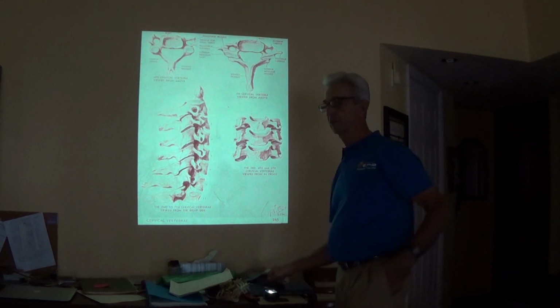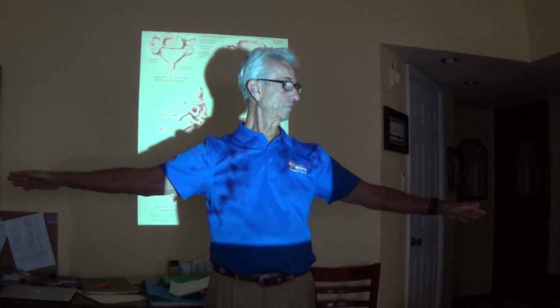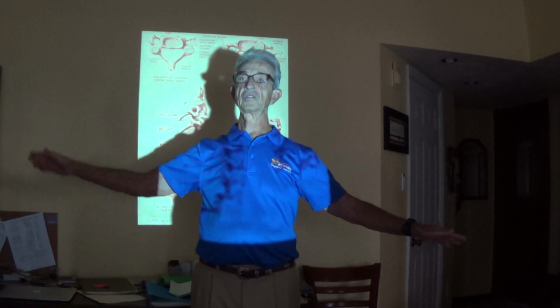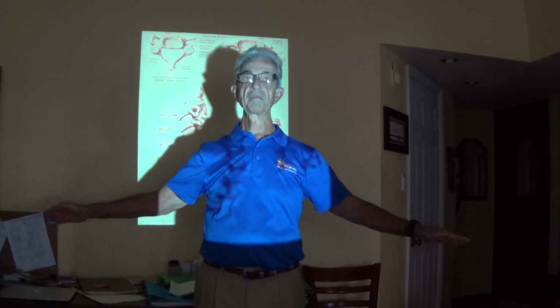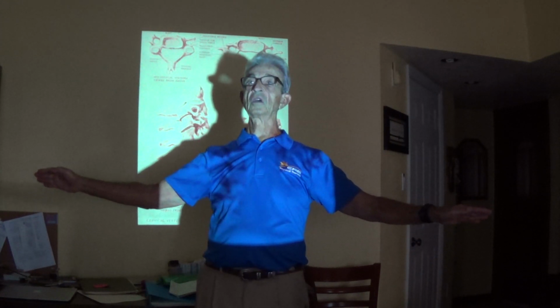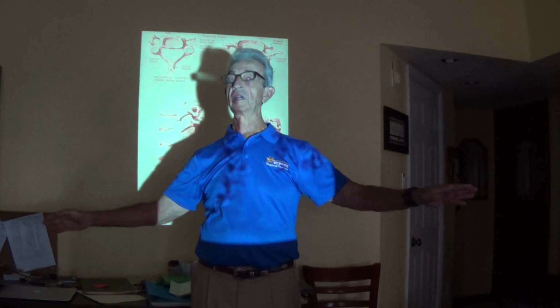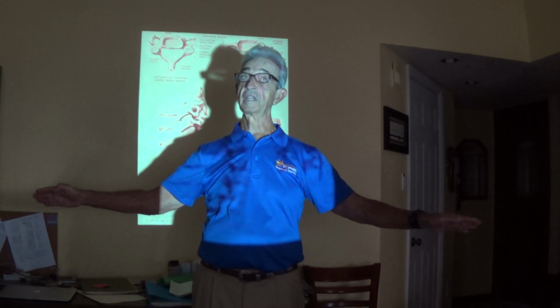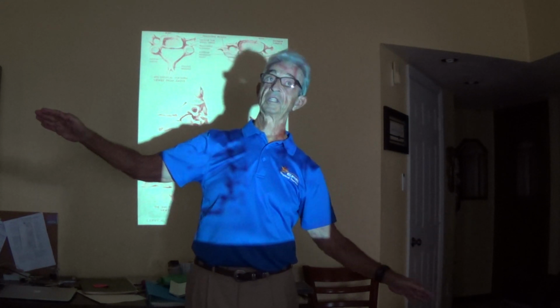If you think of yourself as having a facet joint here and a facet joint here, all they can do is go up or down. If they both go up, then you have flexion. If they both go down, you have extension. If one goes up and one goes down, you have rotation to the opposite side. And then if you have side bending, the same thing happens. You have one going up and one going down.